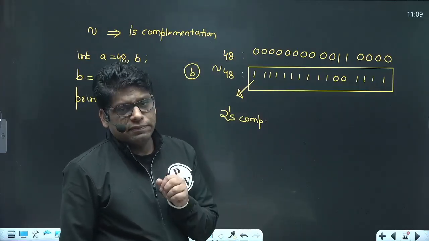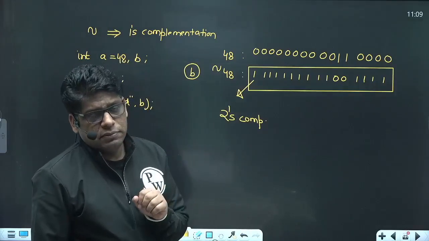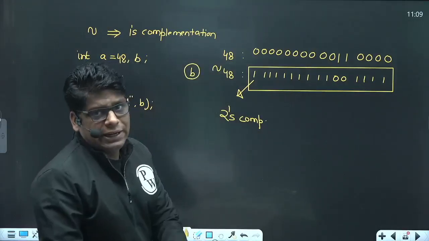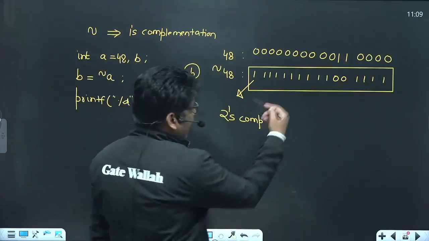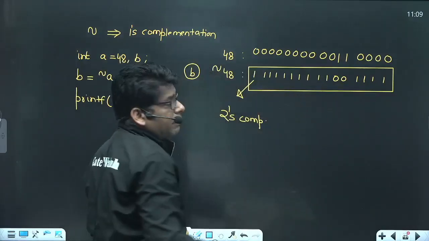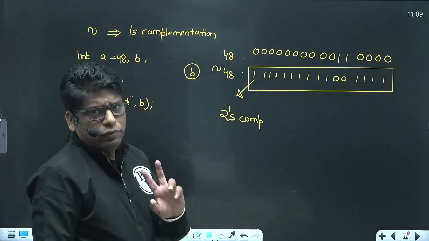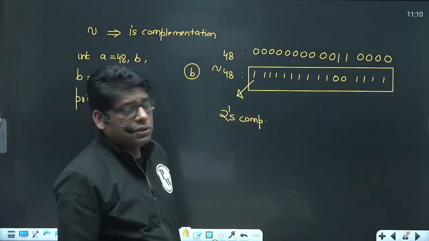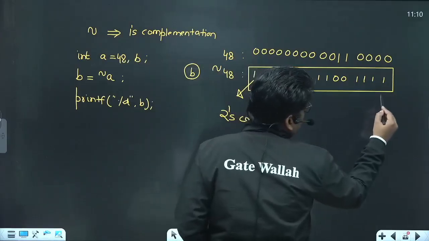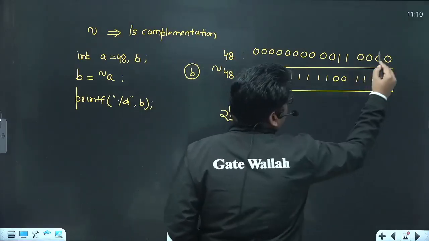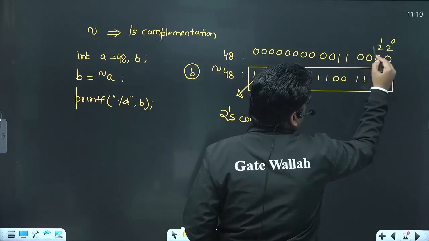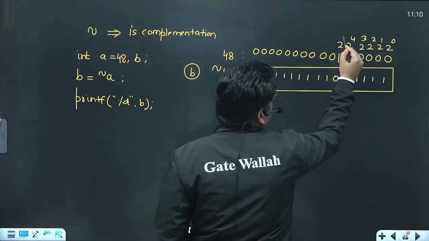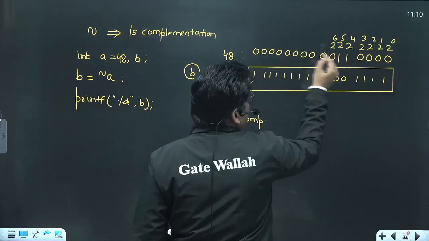And because this number is written in 2's complement form, there are two ways. The first way says just find the value using a direct method, or again find the 2's complement of this number. There are two ways. Sir, the direct method says, see, we have 2 raised to the power 0, 2 raised to the power 1, 2 raised to the power 2, 2 raised to the power 3, 2 raised to the power 4, 2 raised to the power 5, 2 raised to the power 6, and so on.